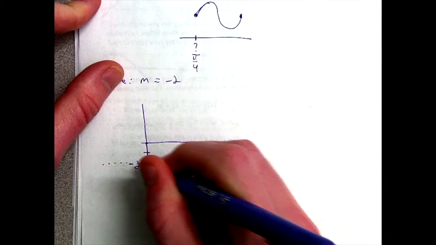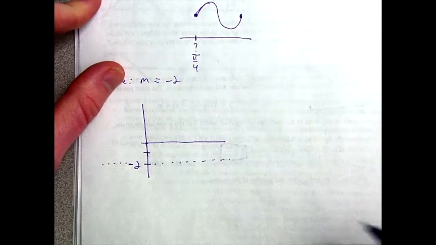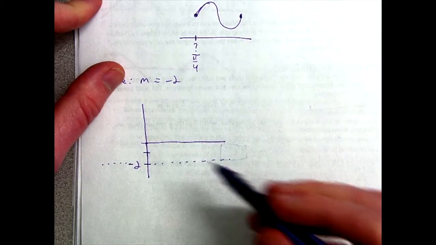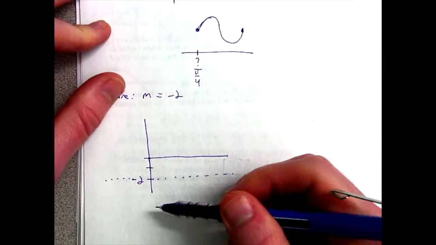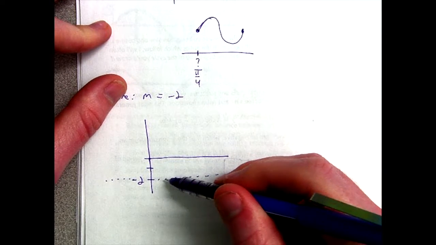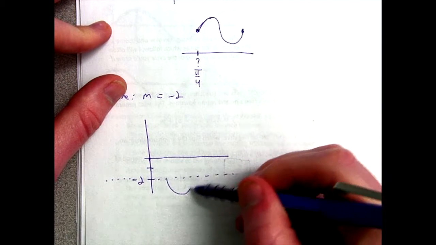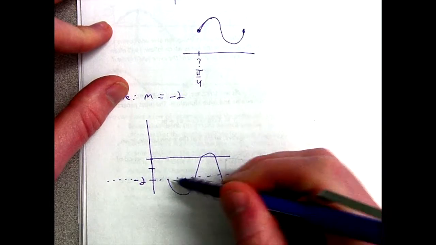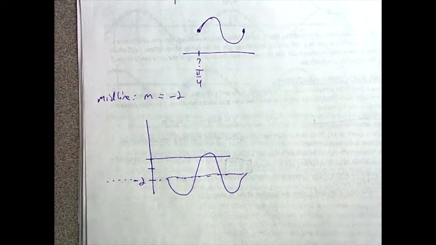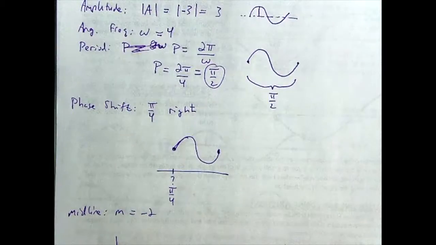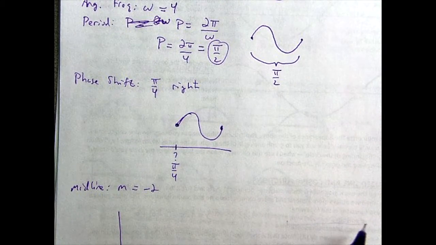So whatever the rest of the graph looks like, this is the midline. This is the horizontal line that the graph goes through. So maybe the graph looks something like this or whatever it is, but this line goes through the middle of the graph.